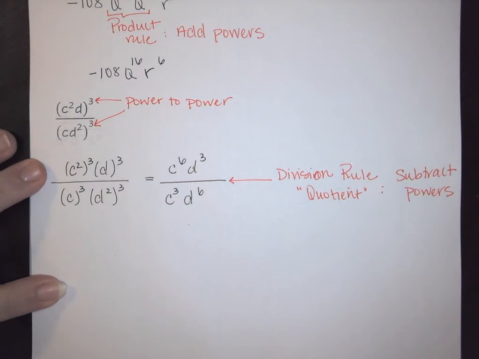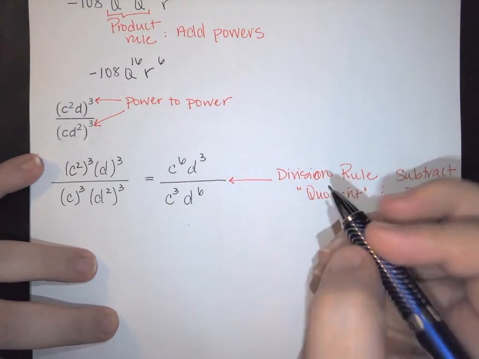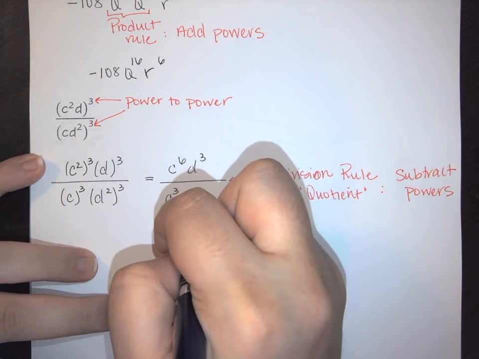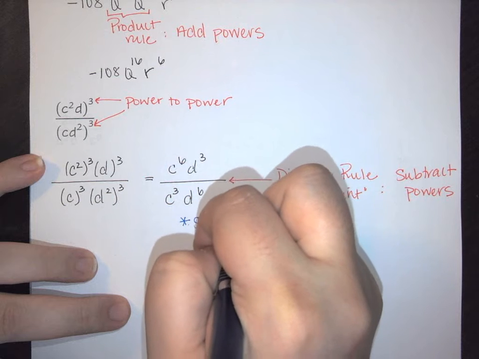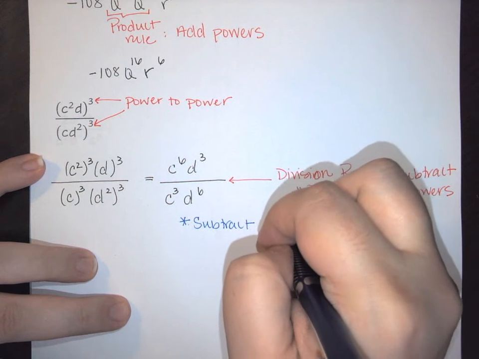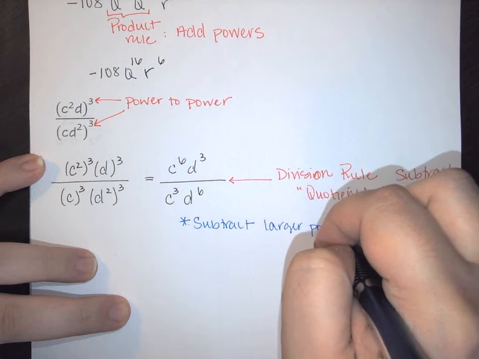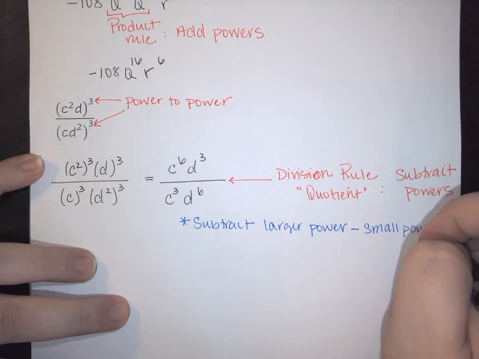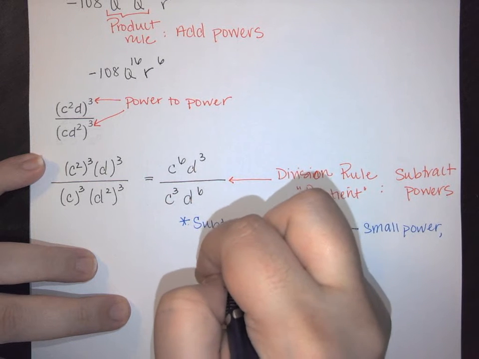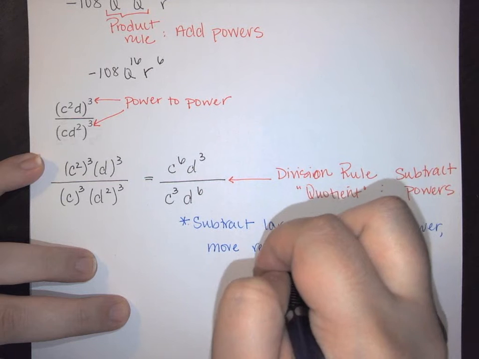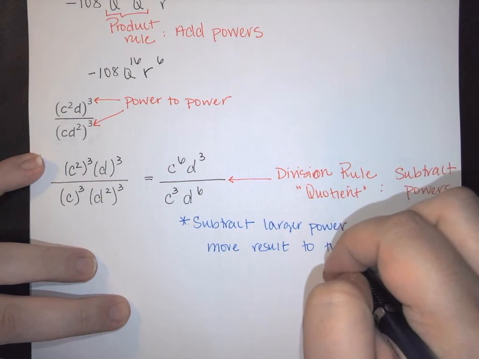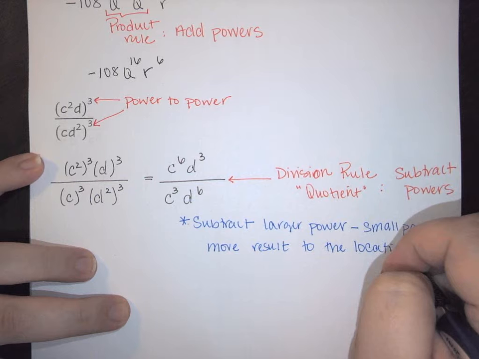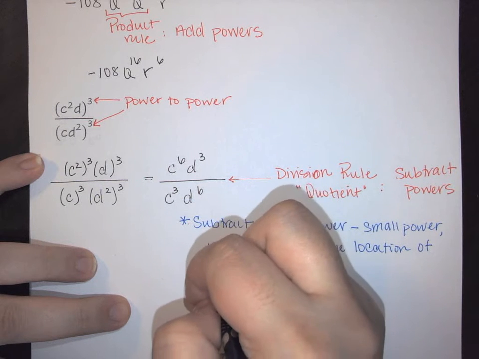Well, with that, I like to say when we're doing this, what you want to do is subtract down to the bigger power. So you subtract your larger power minus the smaller power, and then you move the result to the location of the larger power.